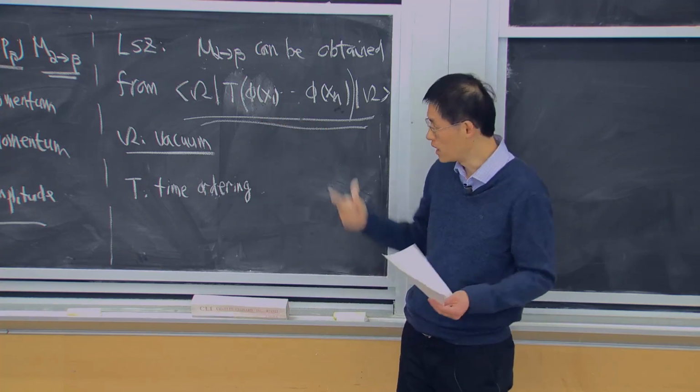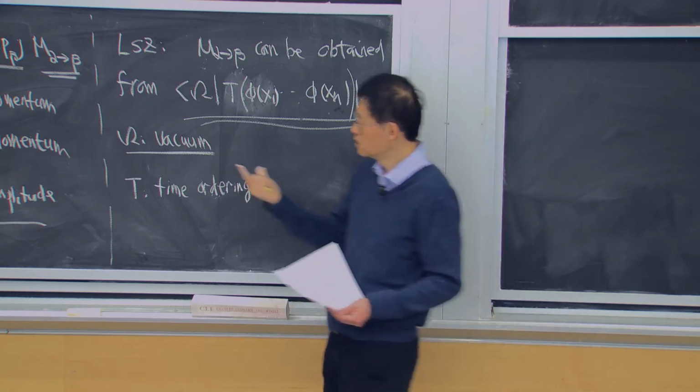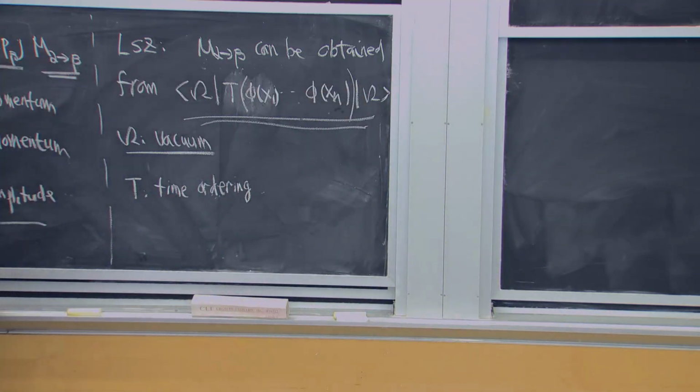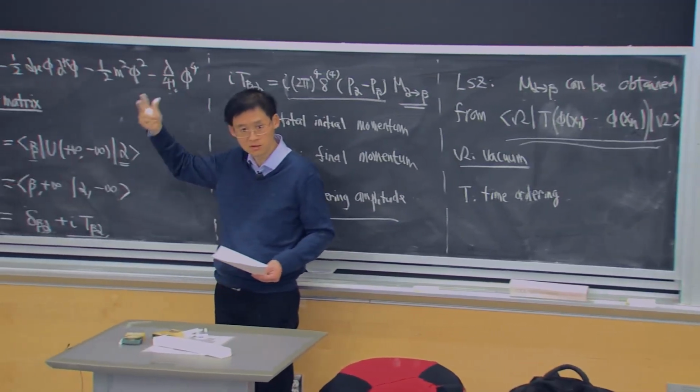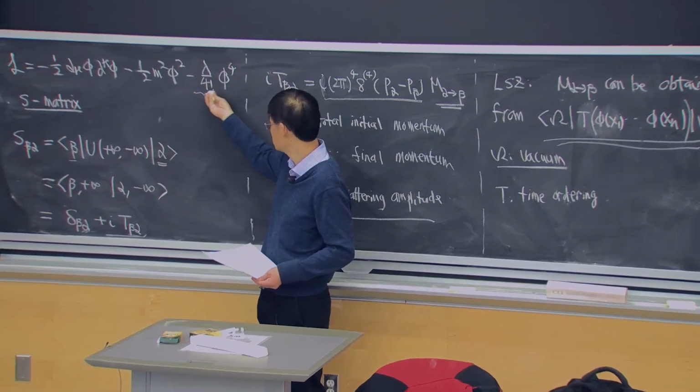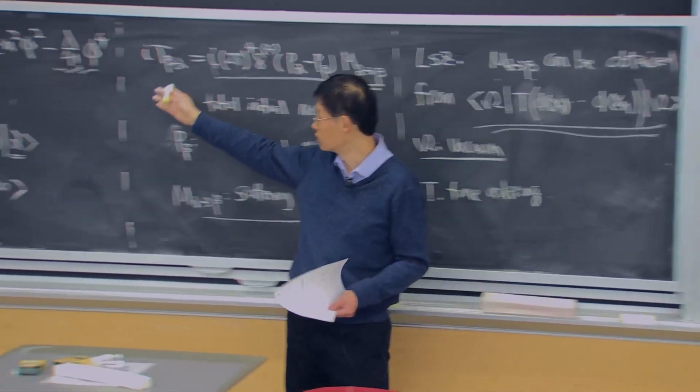As we mentioned last time, this theory cannot be solved exactly, and the only way we can treat this theory is to take lambda small and treat this as a small perturbation, and then expand all your physical quantities in a power series of lambda.